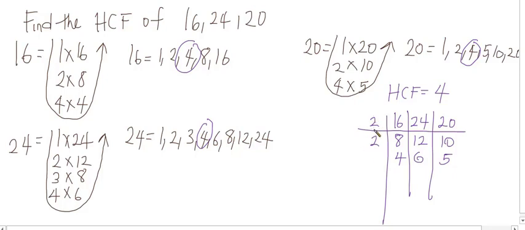But in a case whereby we're given a list of numbers that seem to be all different, and we can't figure out a number that is going to go through all of them, what should come to our mind is that 1 is also a factor, so we can just write our HCF to be 1. So from here now, using the branching method, I'll just multiply out the factors, 2 multiplied by 2, and that will give me 4.